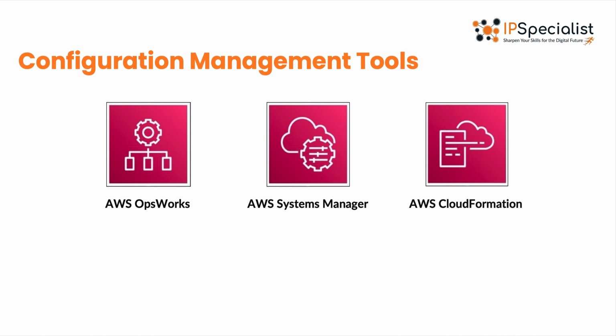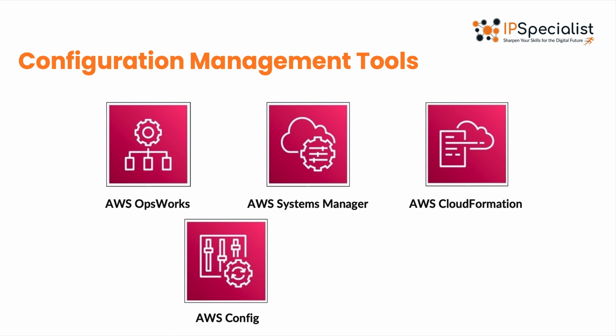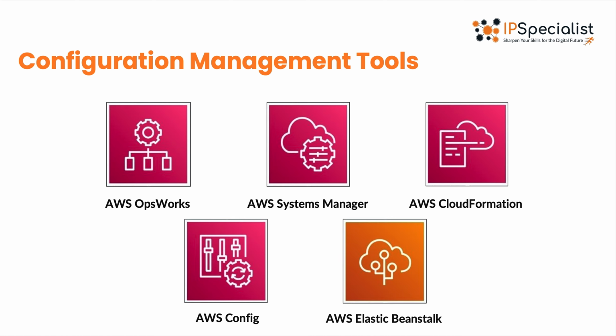You can picture it as your architect, allowing you to blueprint and build your AWS infrastructure with just a few lines of code. Then we have AWS Config. You can consider it as your friendly inspector, always checking to make sure your AWS settings are safe and correct. Lastly, AWS Elastic Beanstalk. Picture it as a helpful friend who takes care of all the technical stuff so you can simply focus on building and running your application smoothly.